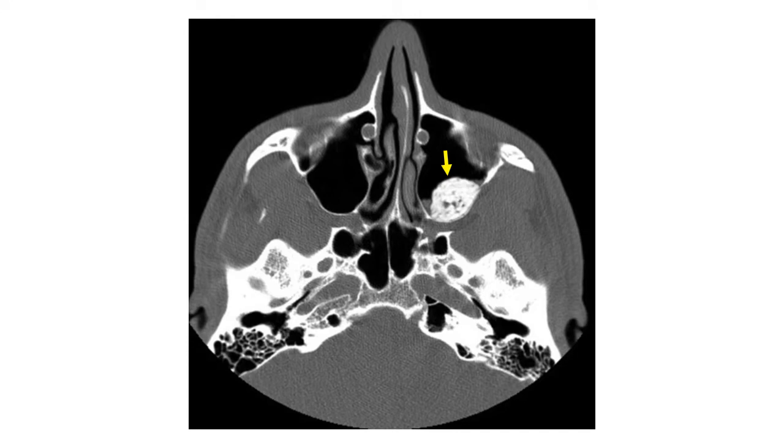There is a rounded bony cortical irregularity which is marked by this golden arrow, and it is extending into the left maxillary sinus. These are an incidental finding in Gardner syndrome. Solitary osteomas occur in middle-aged adults as sessile, periosteal or endosteal masses.